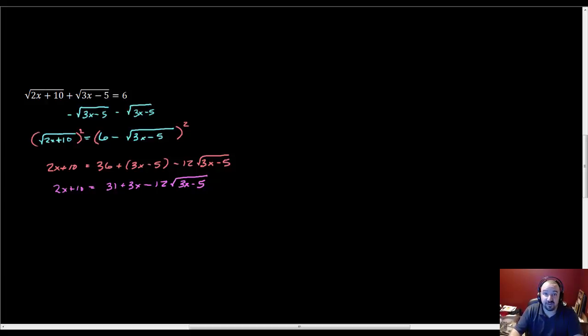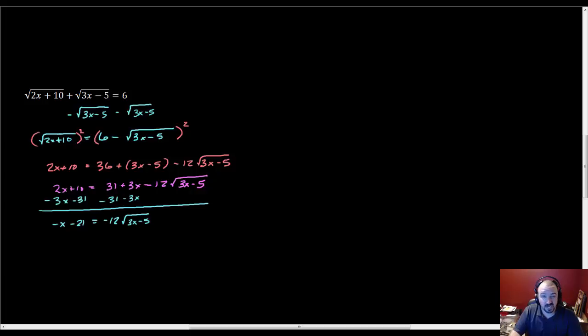So again, since I have a radical term left, I'm going to go ahead and isolate that. So I'm going to subtract 31 and subtract 3x from both sides. And I get negative x minus 21 is equal to negative 12 roots of 3x minus 5.